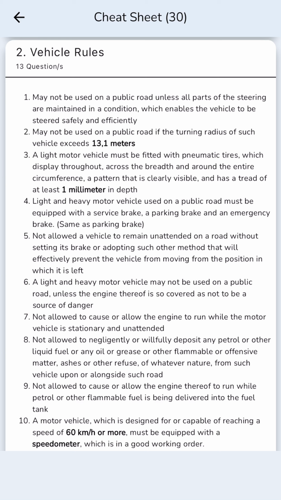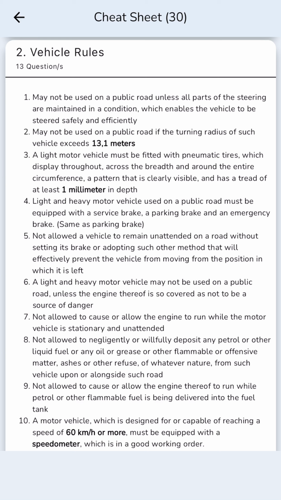Number 2: a vehicle may not be used on a public road if the turning radius of such vehicle exceeds 13.1 meters.